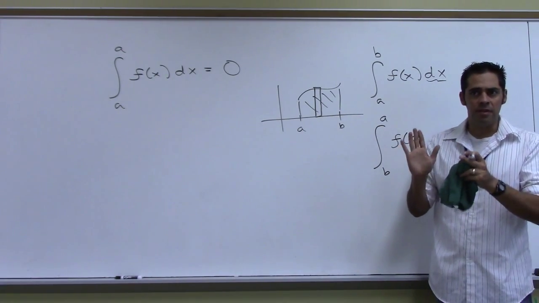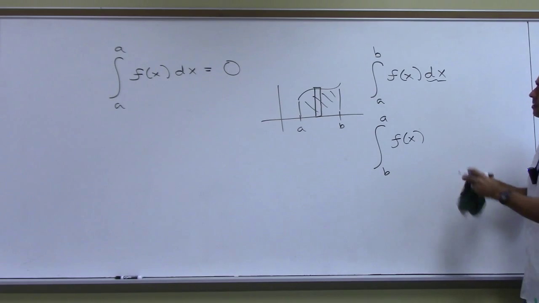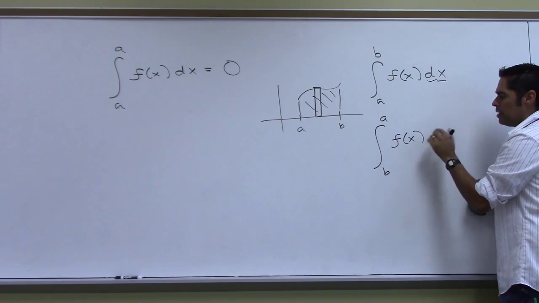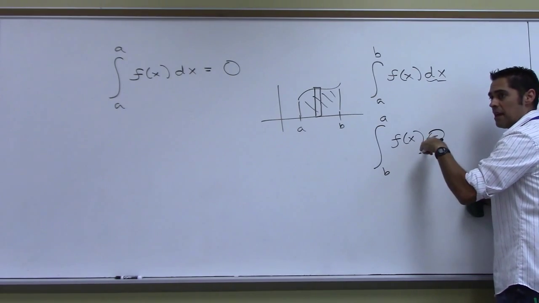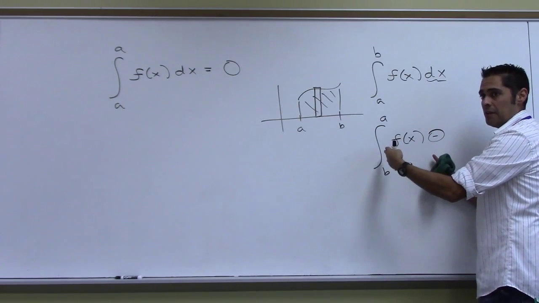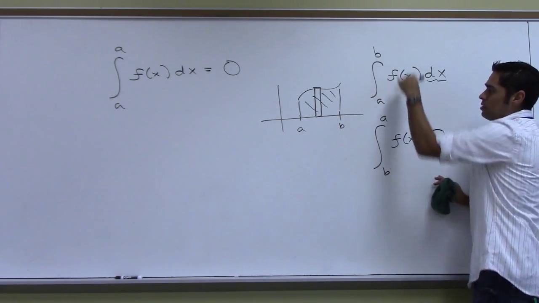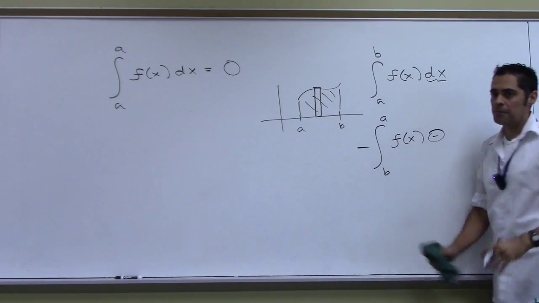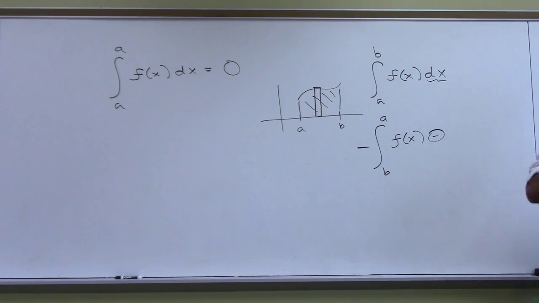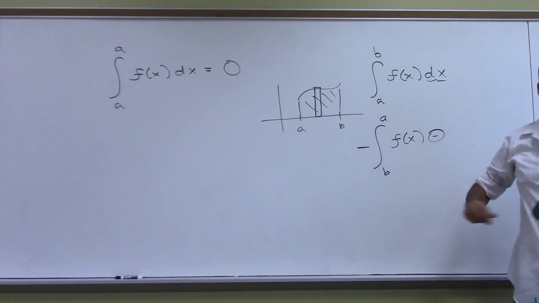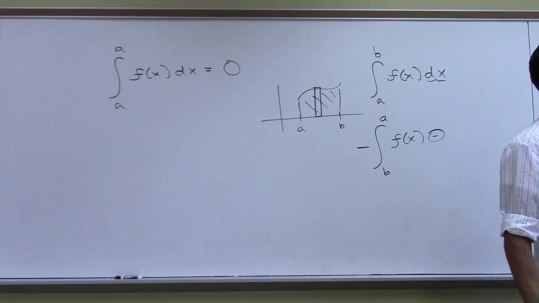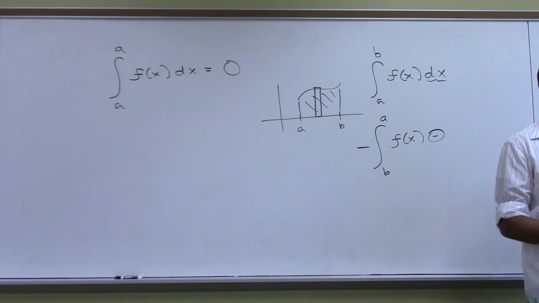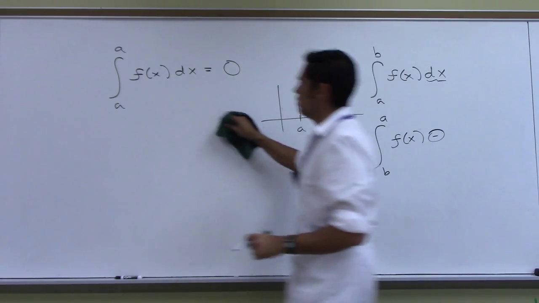It's a negative number instead of a positive number. So all it's going to do is have the effect of changing the sign of everything. So in order for these two to be equivalent, you have to put a negative out here. So that's what that property says. You switch the order of integration, and you're going to pop a negative out, or change the sign of the answer. The next one, the integral from a to b of a constant.